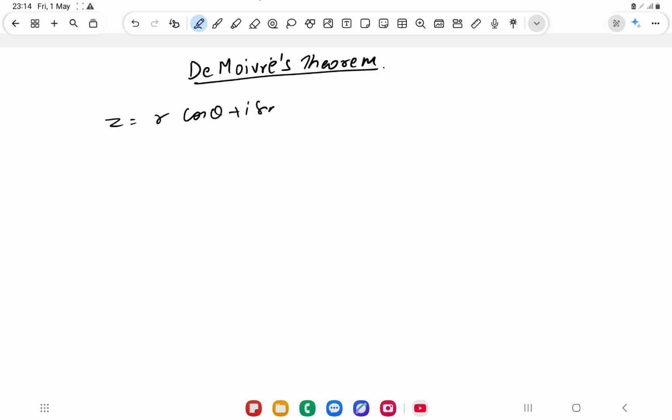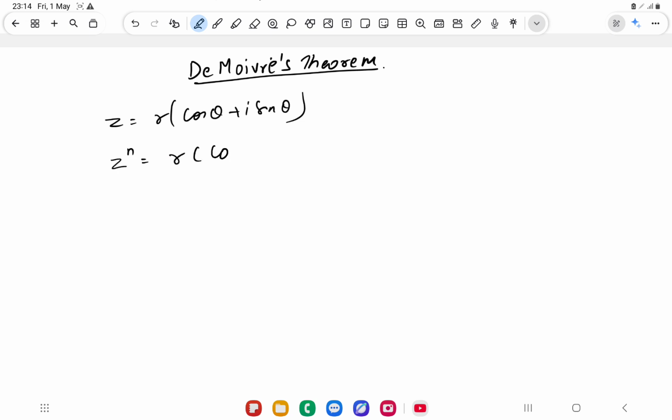Now the next very important topic is de Moivre's theorem. This theorem is helpful when you are raising complex numbers to a power. So if I write cos theta plus i sin theta, now what if I want to calculate some z to the power n?